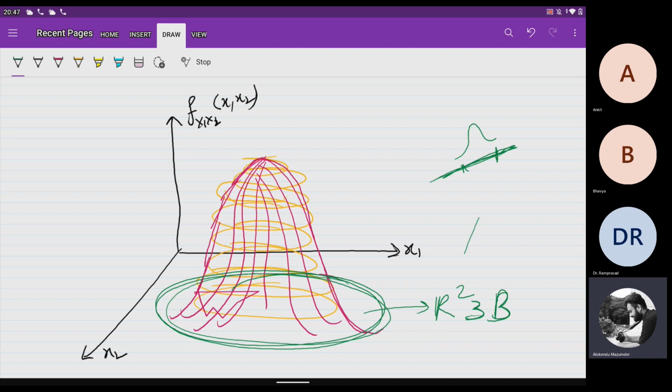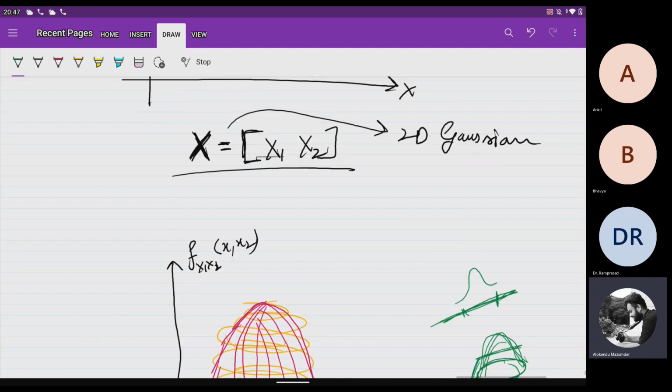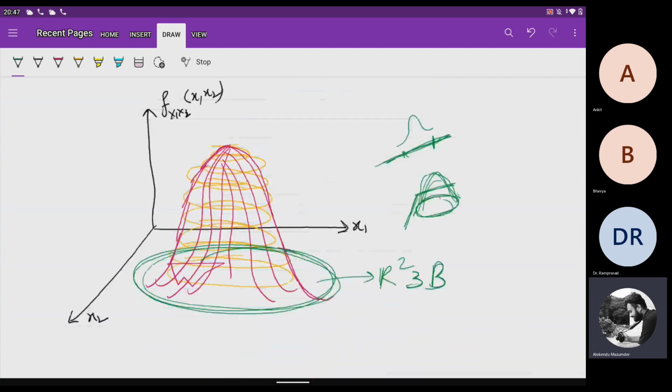In the two-dimensional case, you have an R2 plane, and on top of that, you have a density. This is how the joint PDF looks, the probability density function of a joint random variable. Any doubt in this joint thing?